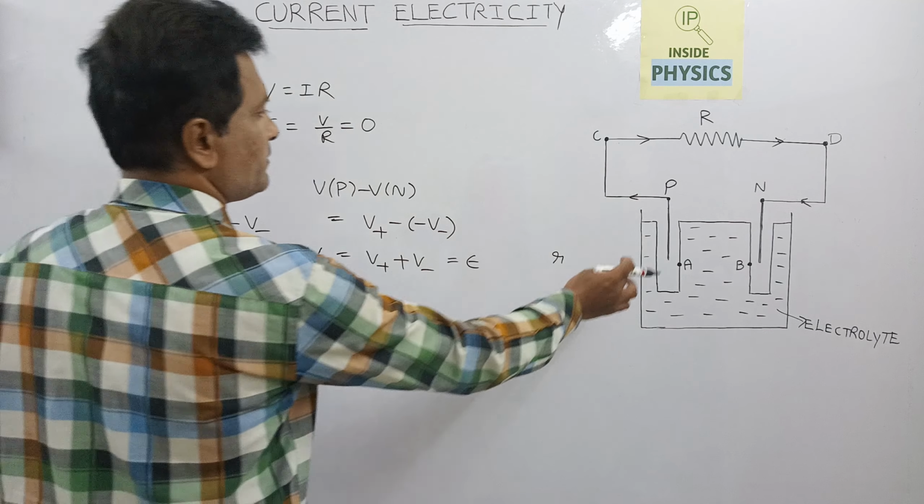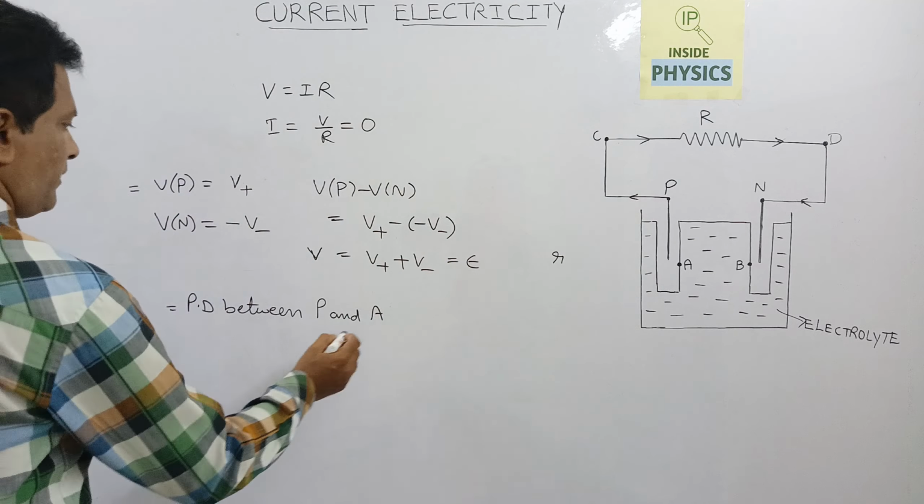So the potential difference between P and A, plus the potential difference between A and B, plus the potential difference between N and B. Okay.